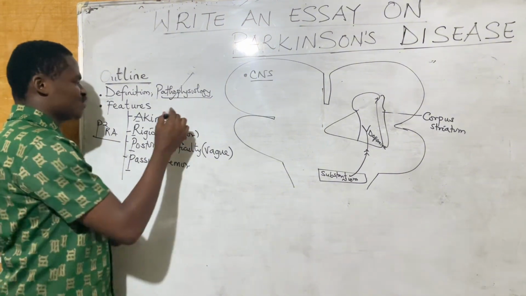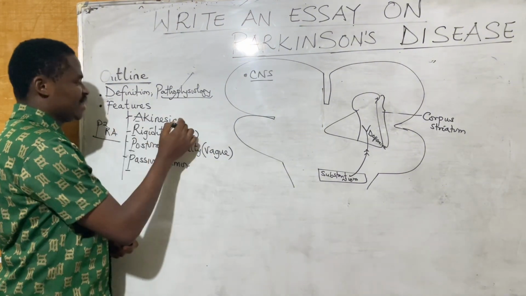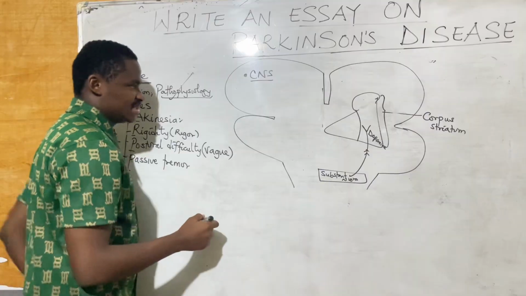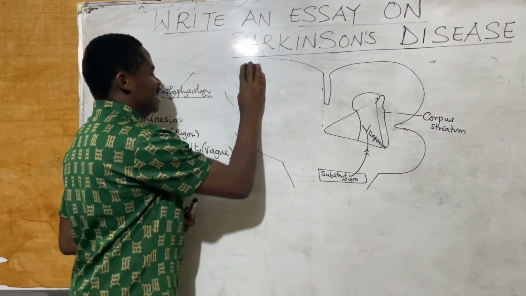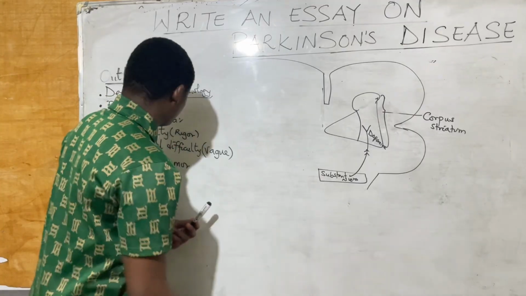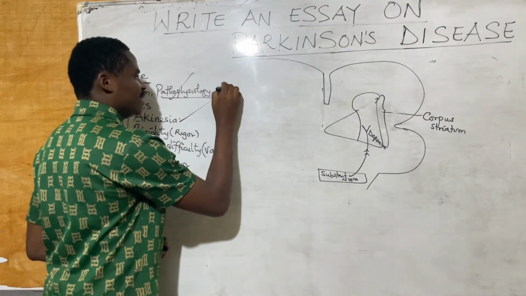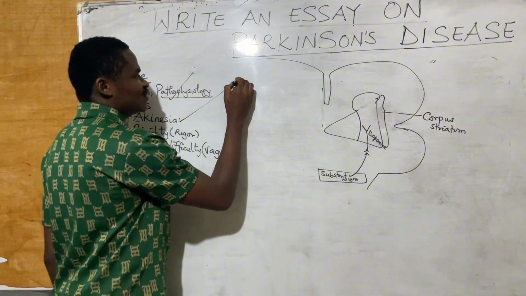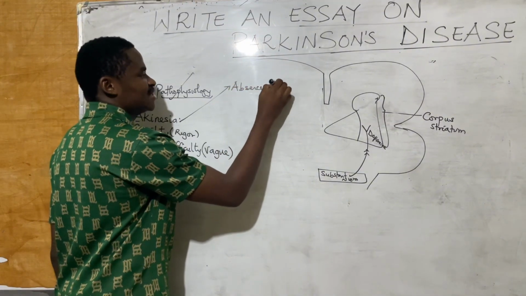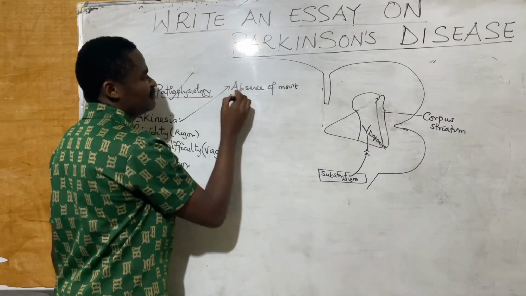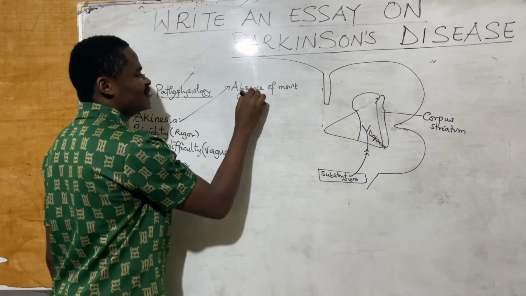Now let's quickly go to the features. The first feature here is akinesia. The number one thing you are going to see in a person with akinesia is an absence of movement. By absence of movement, you can easily say poverty of movement.